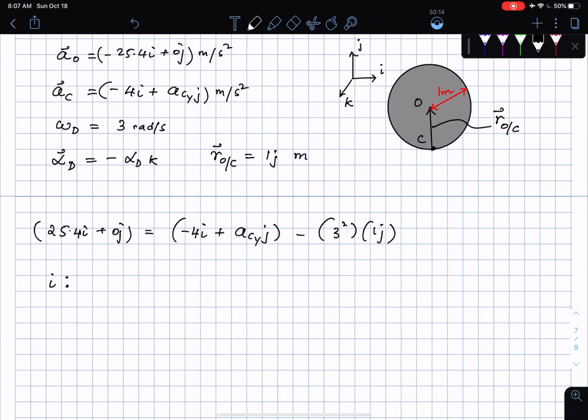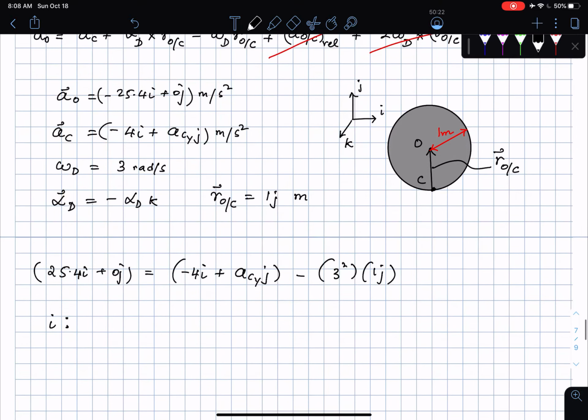What do I get? There is alpha. I forgot the term alpha. Very sorry. This is going to be minus alpha OA in the k cross j direction. So this is going to be k cross j is in the i direction.